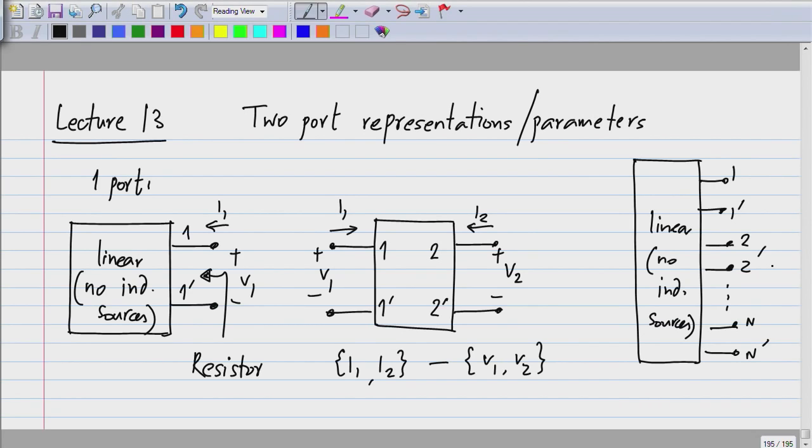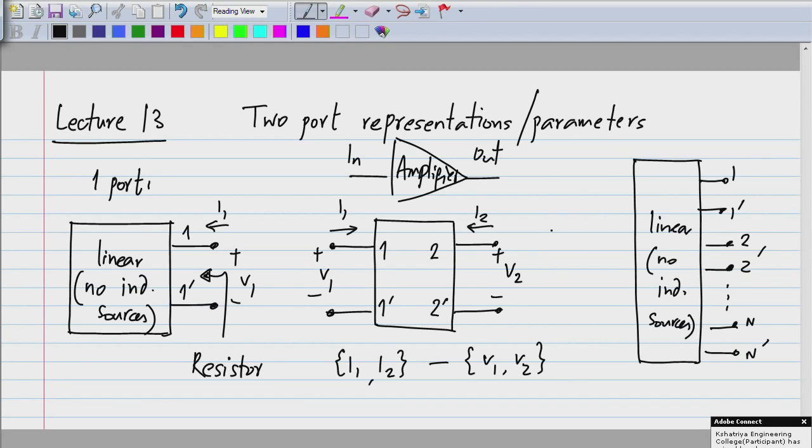Now, a particular reason for considering two ports is that many systems we know have one input and one output, and they correspond to two ports. That is, they are well described by this two-port representation. For instance, amplifiers. If you have an amplifier, there is an input and an output, and it's described by this representation. So that's why we'll study the two-port parameters in some detail.